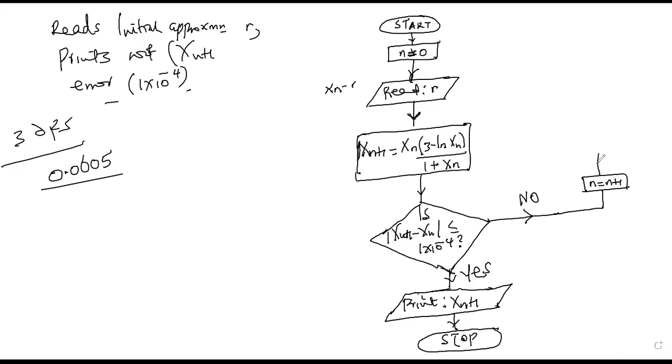Then here you have to increase the xn and it will go to xn plus 1, after which you bring it back and substitute in the formula afresh. That is what we call a flow chart.